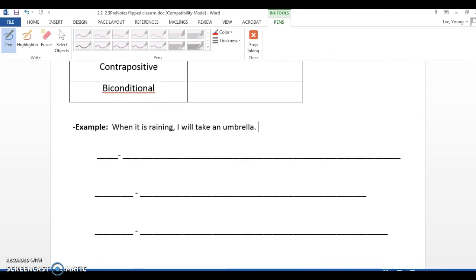So here's my example. When it is raining, then I'll take my umbrella.